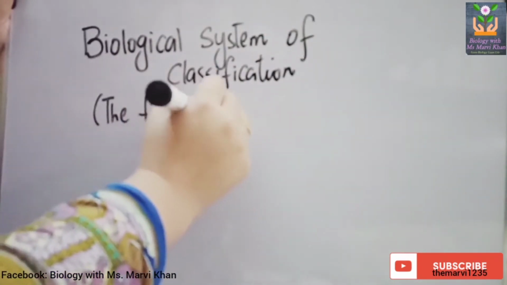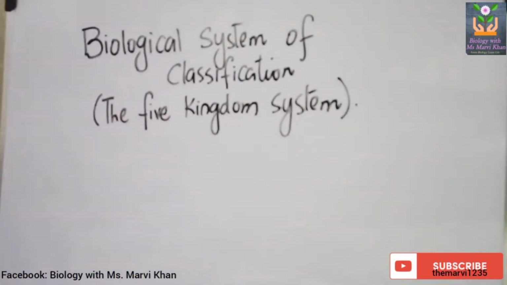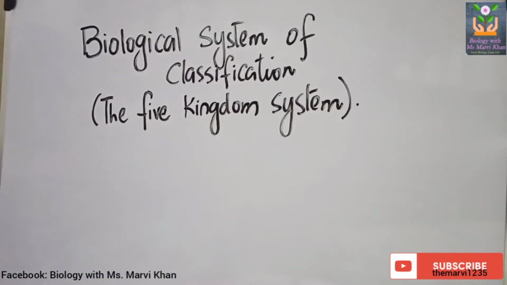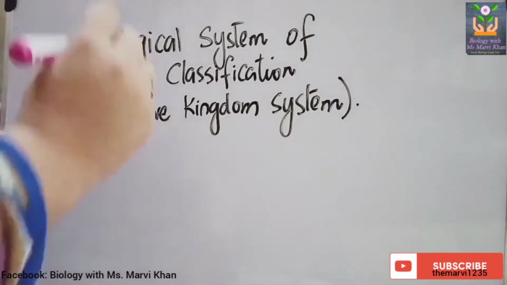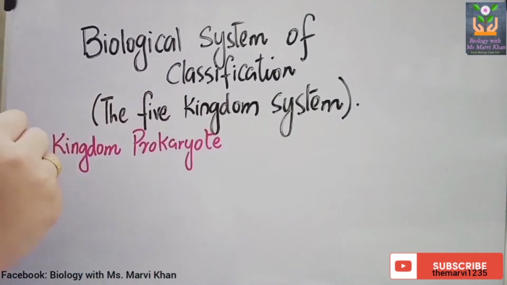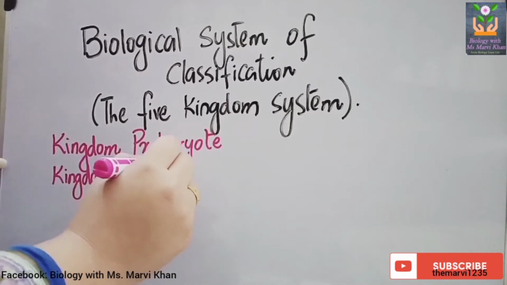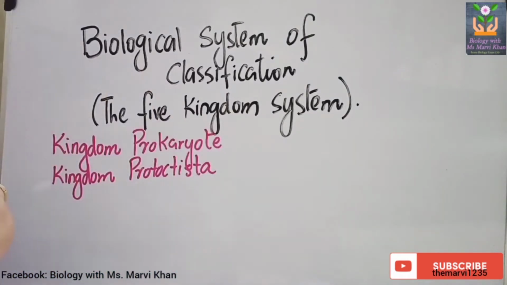In this system of classification, organisms are first divided into 5 kingdoms, such as kingdom Prokaryotes or the bacteria. They are also classified into the next kingdom, which is kingdom Protoctista. It includes a collection of single-celled organisms and some simple multicellular ones, such as the seaweeds.